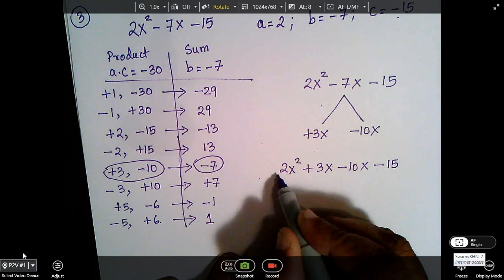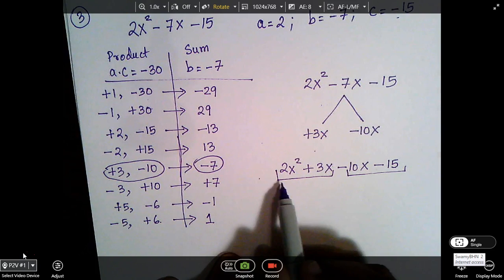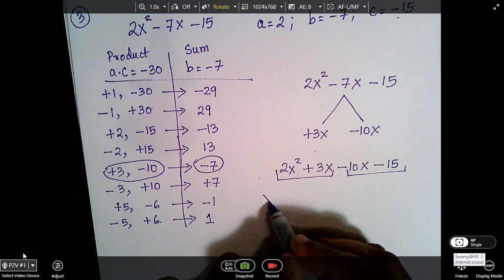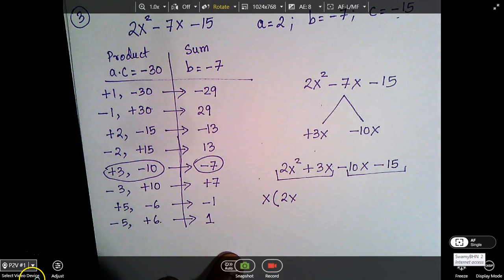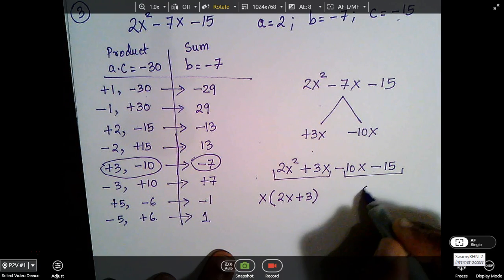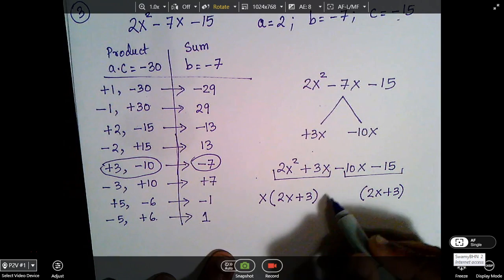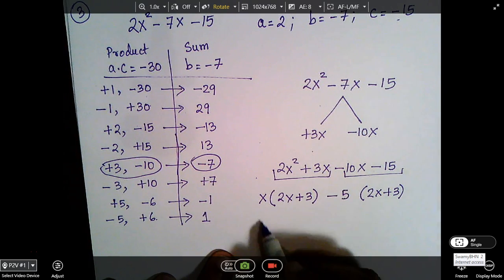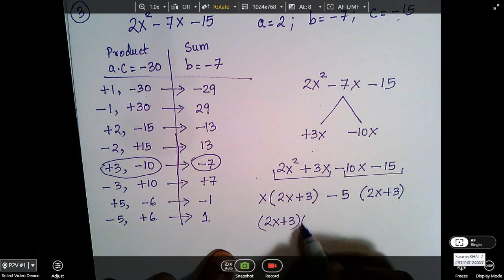Four terms, group it. I have x that is common, so I have x times 2x plus 3. I have to have the 2x plus 3. And I'm seeing I have to pull out a negative 5. So my factors are 2x plus 3 times x minus 5.